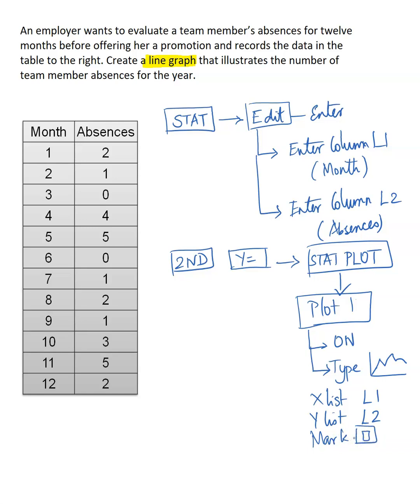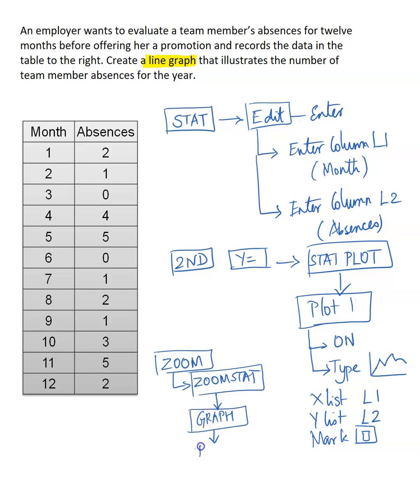Now it's time for us to go into ZoomStat, and then you go to graph, or you can use the trace button. It depends on your calculator. Then you can trace the points. Anyway, the whole point was to create a line graph.